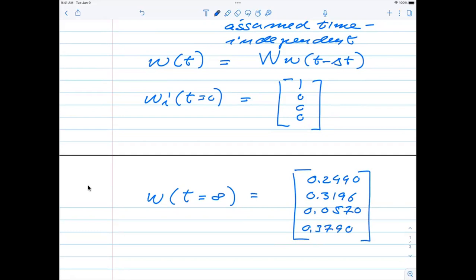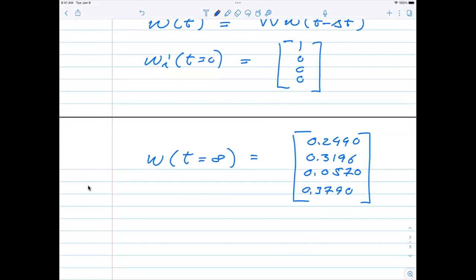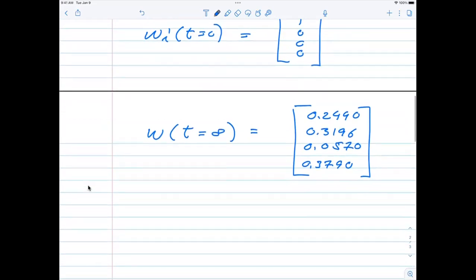So obviously, if you want to add more numbers, you would need more iterations than 13, but it roughly converges to this final state. And this is the state which also corresponds to the largest eigenvalue, which is equal to 1. And this represents what we normally call the steady state.